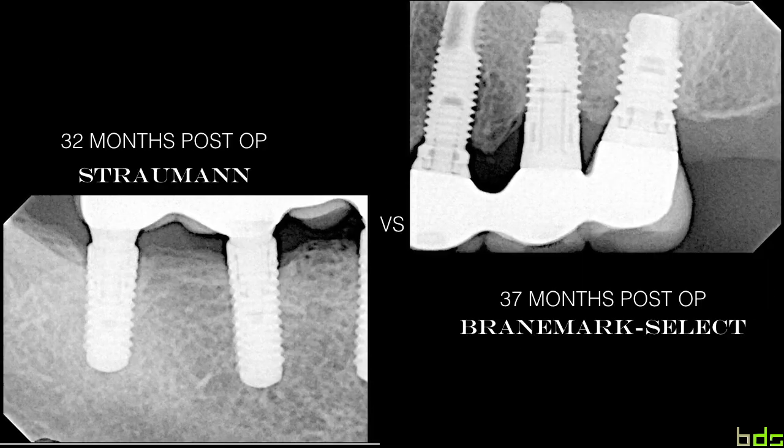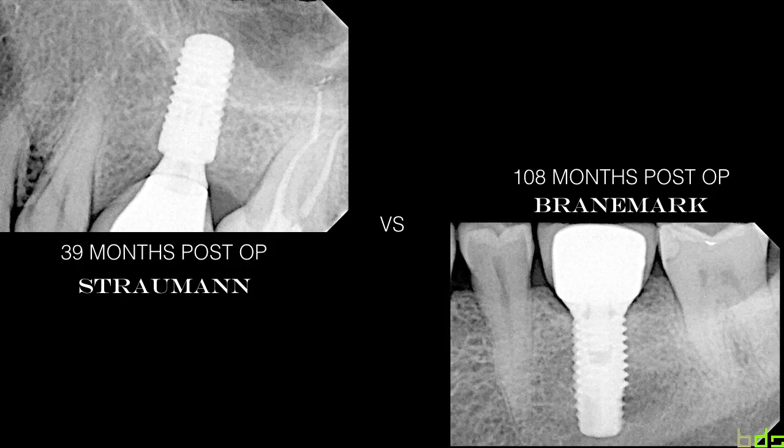Same here, 32 months for Straumann on the mandible versus 37 months for Brånemark Select combination in the maxilla. Another case here where we used a single implant in the maxilla versus also a single Brånemark implant in the mandible. And you can see very similar results on both types of implants.